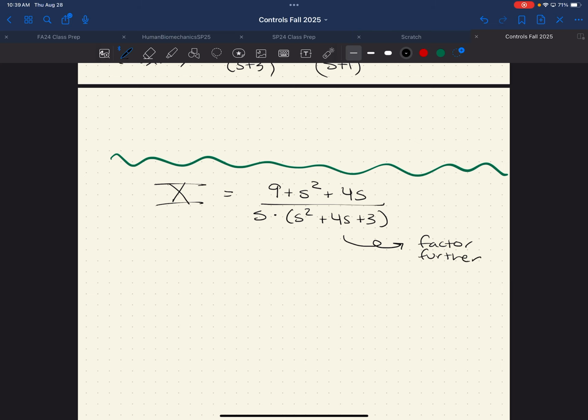Positive 3, positive 1, absolutely. Who said that? I heard it, Shane. Getting better, heck yeah. I really should practice before class, but it's more fun to embarrass myself. Over s plus 3, s plus 1.